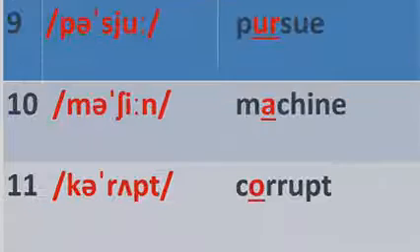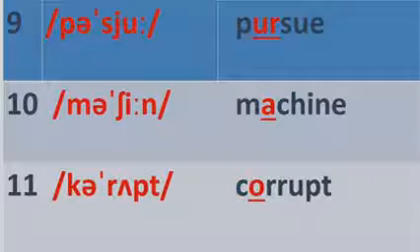In number 9, the letters giving us the schwa are U and R, and this is pronounced pursue. In number 10, we have letter A in the word machine, just machine.